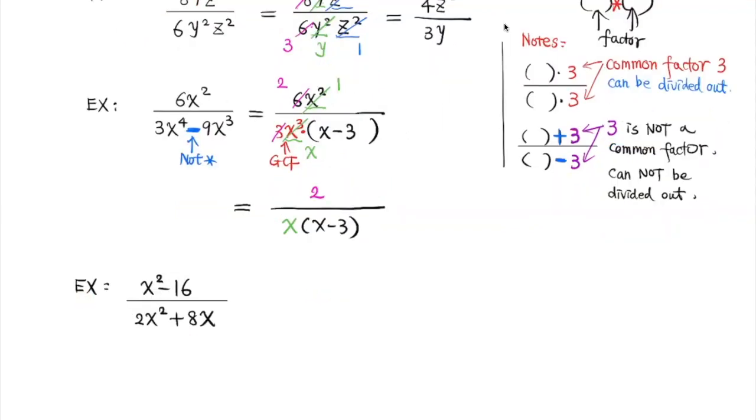Now, the next example, x squared minus 16, this quantity, divided by 2x squared plus 8x. First, notice that up here, this is subtraction, and here's addition. So x squared and this negative 16, they are not factors.